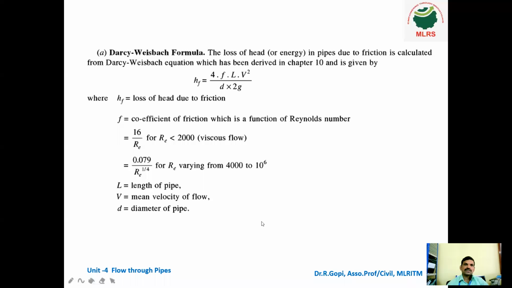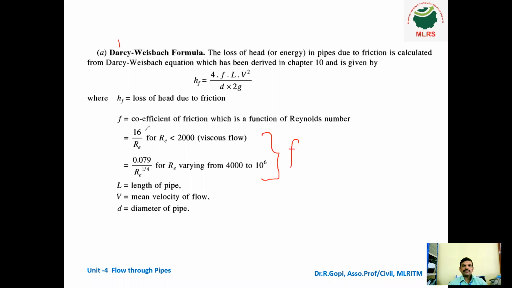So how to solve problems using this Darcy-Weisbach equation? Let us see what parameters are needed. Suppose we want to calculate the loss of head. f is nothing but the coefficient of friction. How to calculate this coefficient of friction? There are two important formulas for finding the f value.